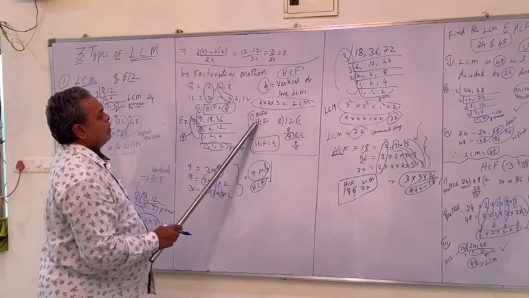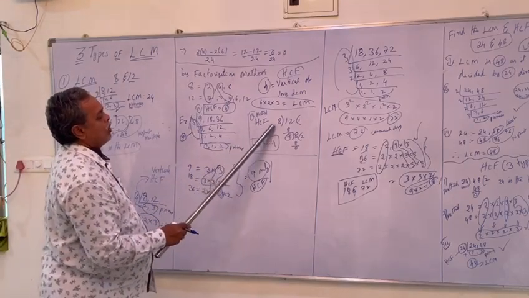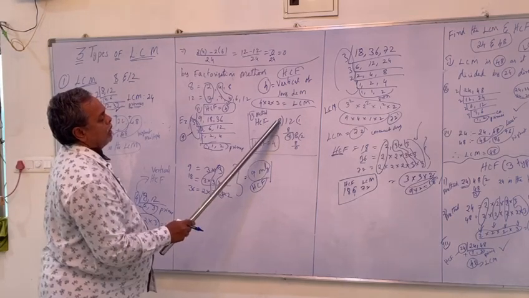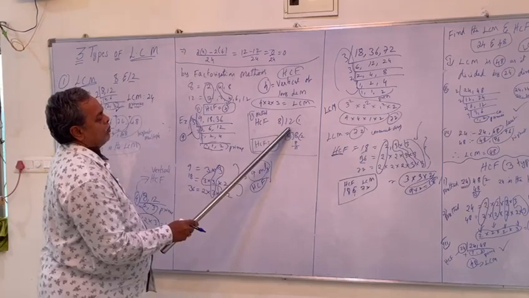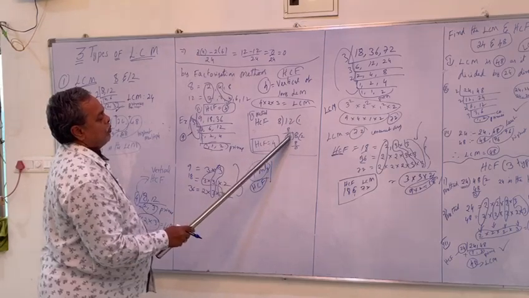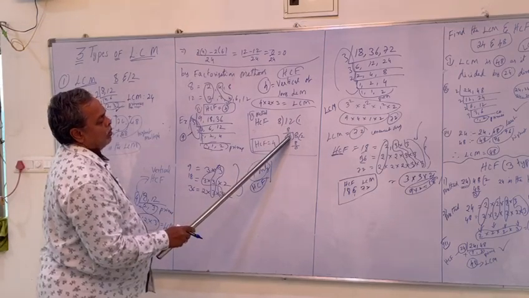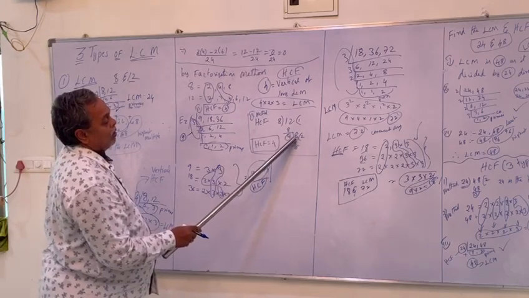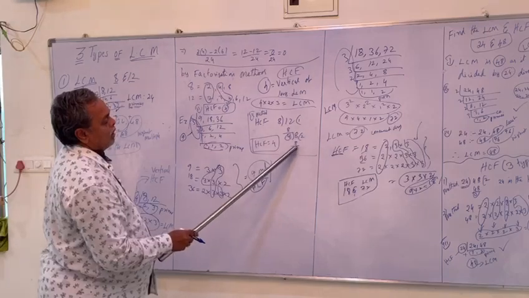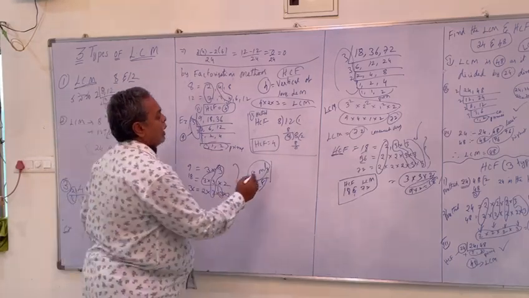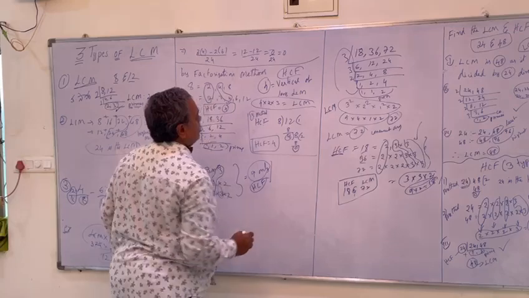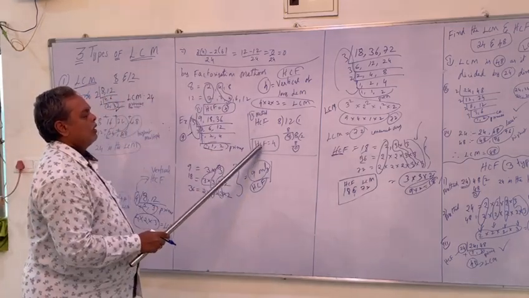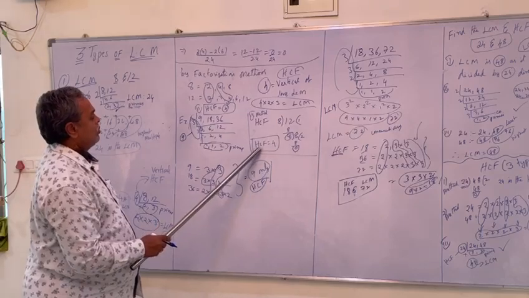Third method: if you divide the great number by the small number, 8 ones are 8, 12 minus 8 is 4. Then we bring the divisor 8 into the dividend. 4 twos are 8, then we get 0. You have to divide until you get 0. Then only it is factorized. So in this type itself it is 4.